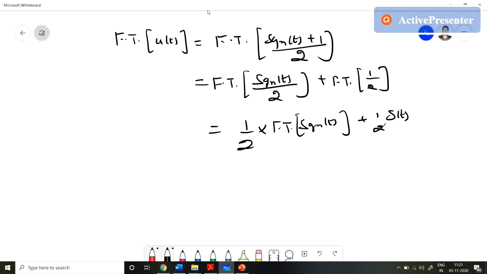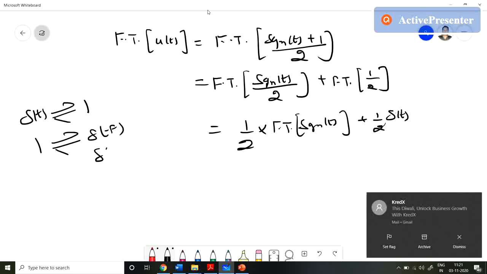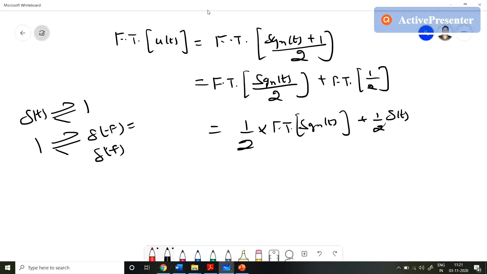Because delta t has Fourier transform 1, applying the duality property, 1 has Fourier transform delta(-f), that is equal to delta(f).